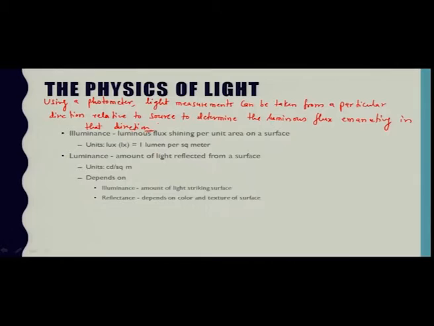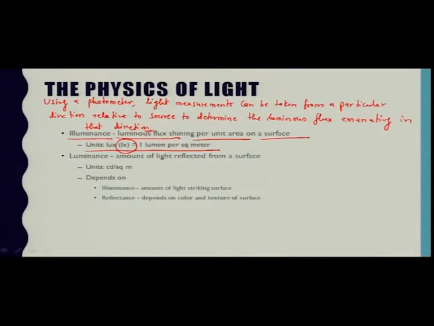The amount of light shining on a surface can be referred to as illuminance. Illuminance can be defined as the luminous flux shining per unit area on a surface. The unit is lux, in short form Lx. So 1 lumen per square meter is defined as 1 lux.